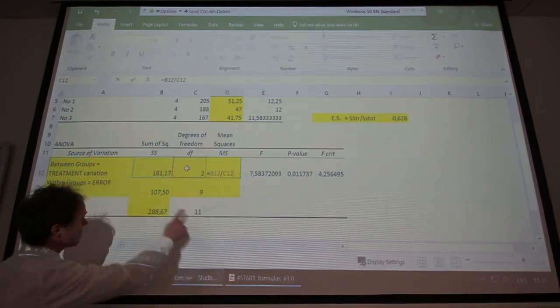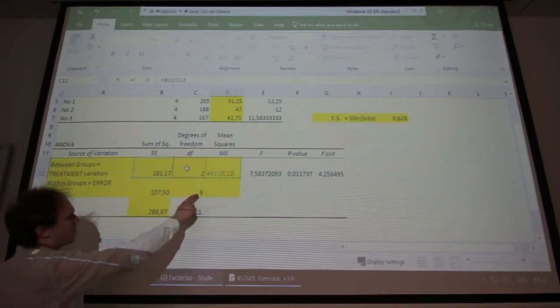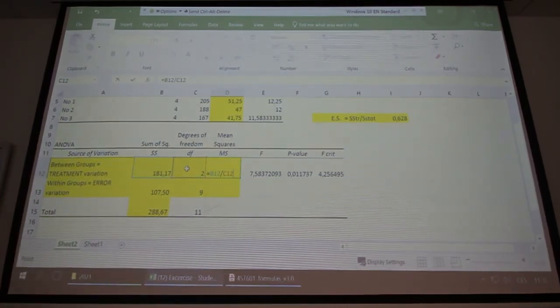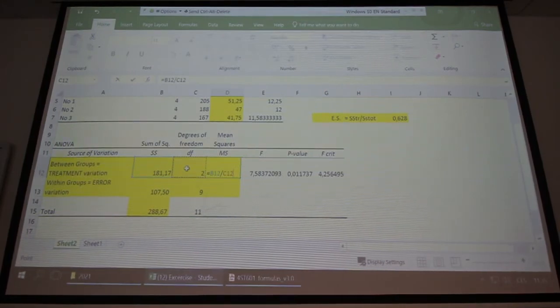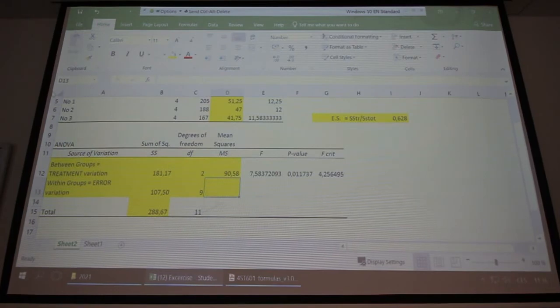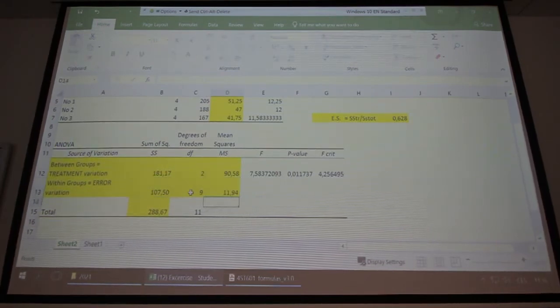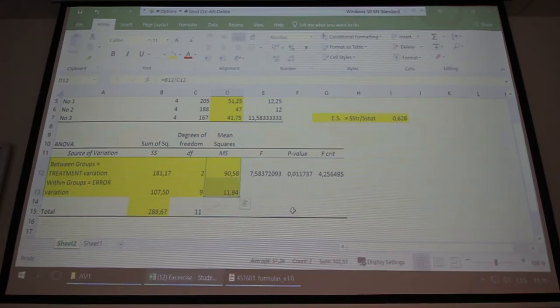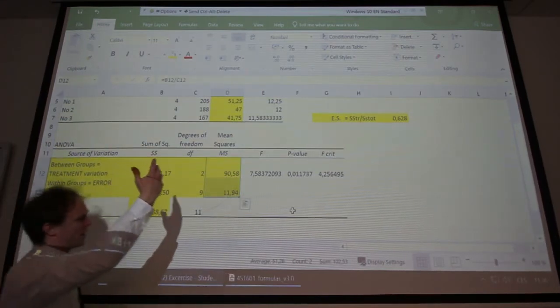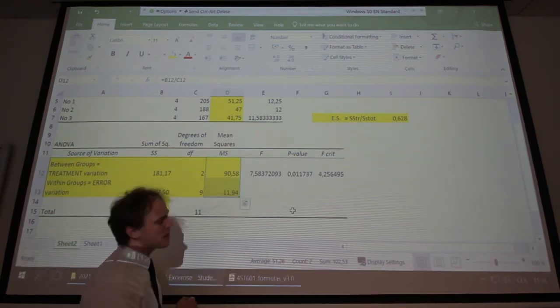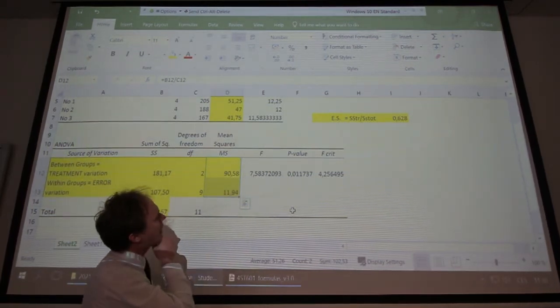And here this value divided by 9, and you can see that we have the same variances. This is very important. This is treatment variance and error variance.